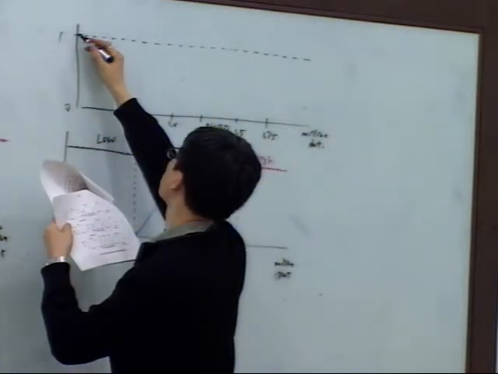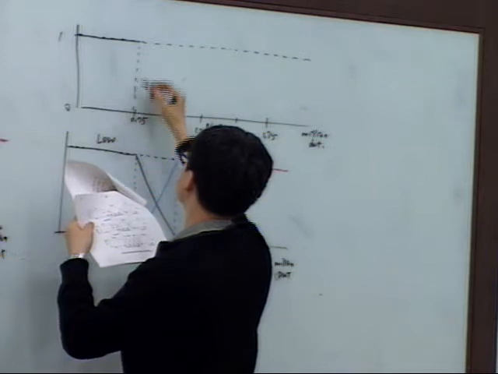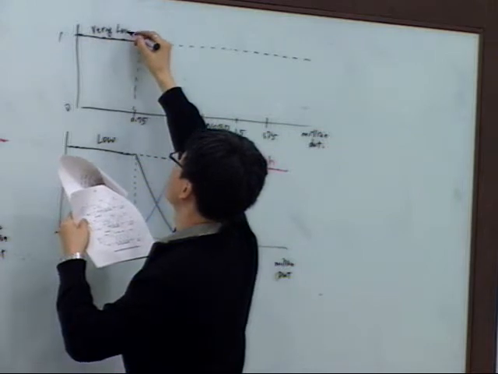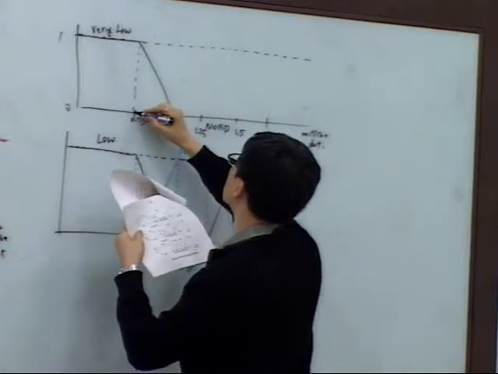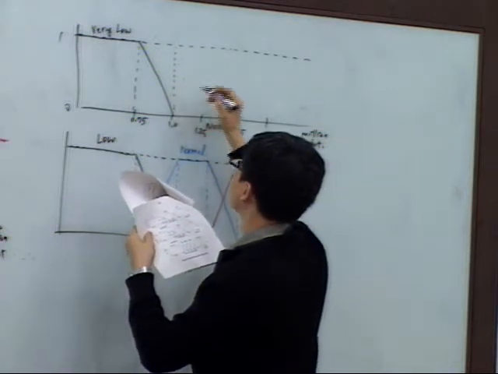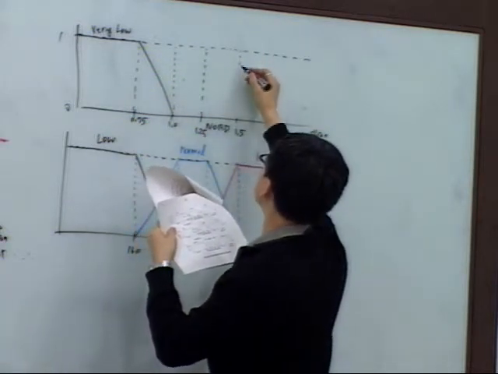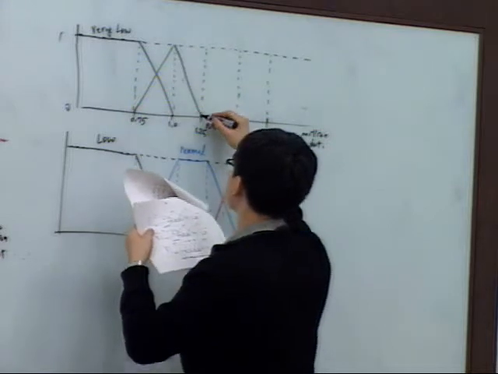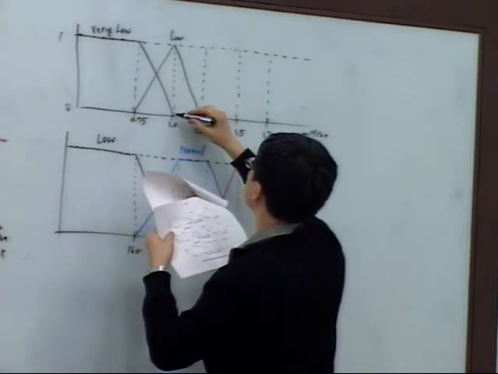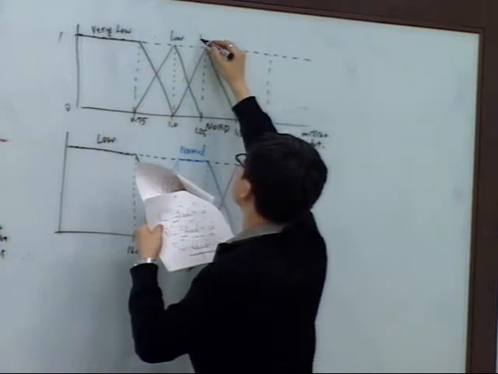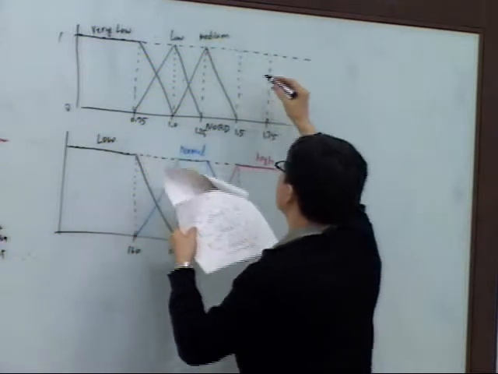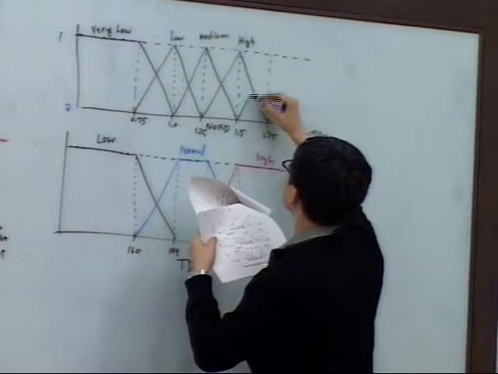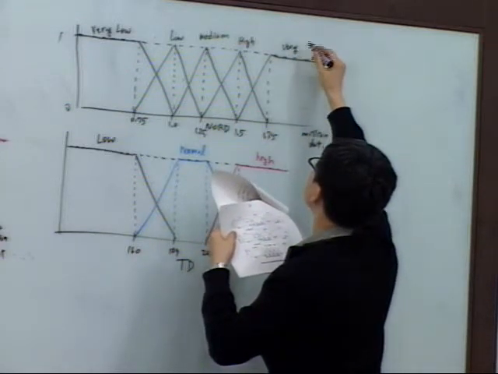from here they call it very low, and for this, low, and for this, medium, and for this, high, for this, very high.